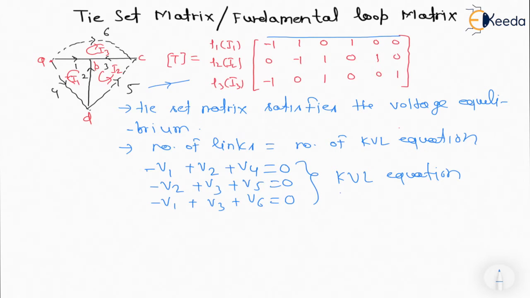Now one more thing: for a complete graph, how many tie set matrices can be written?